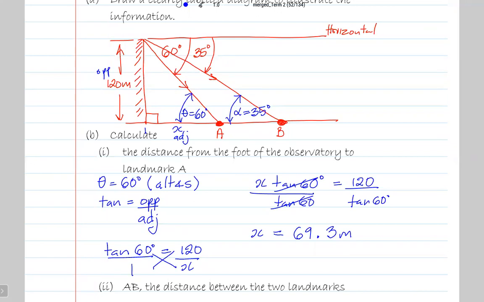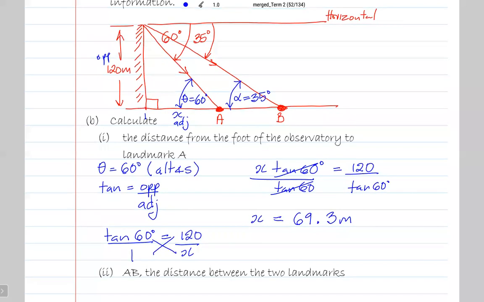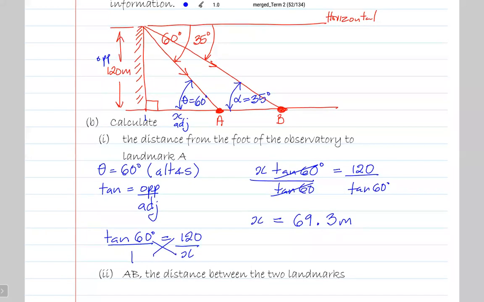All right. Next, we're asked to calculate the distance between the two landmarks. I hope you did this. You have to first calculate the distance from the foot all the way to B. There's no other way to do it. I'm going to call that distance Y. Now, Y is part of this larger right angle triangle where the angle is 35.